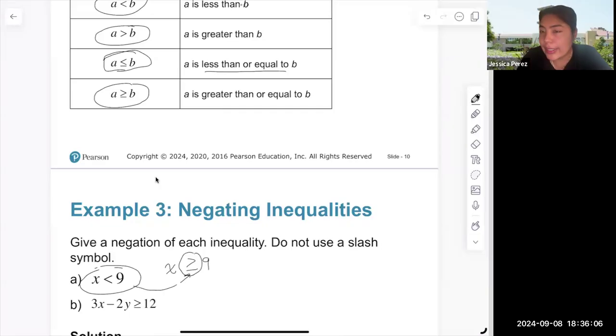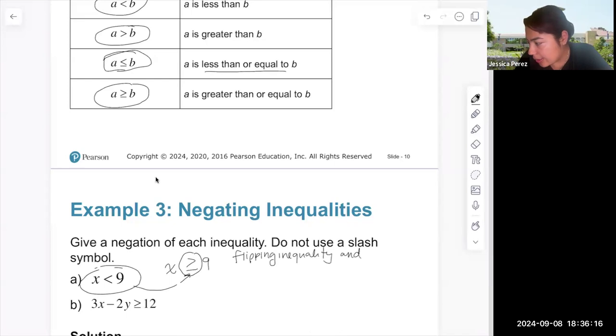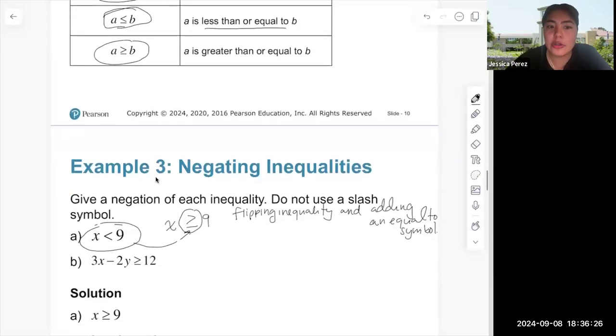You are flipping the inequality, but you're also adding the equal to symbol. So you need to make sure that you are adding that. So if it was x less than 9, now it's x is greater than or equal to 9.